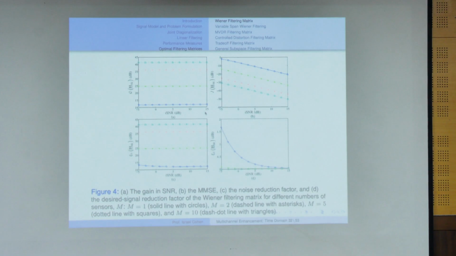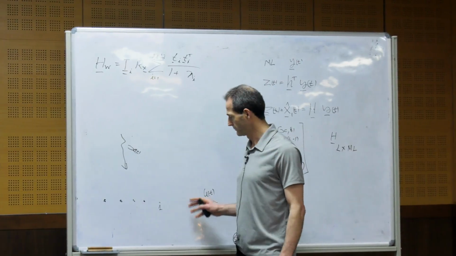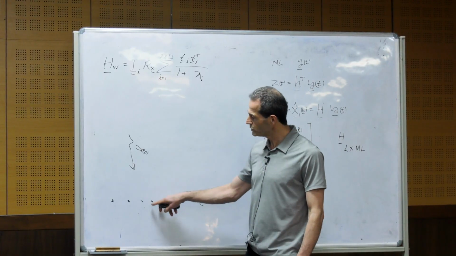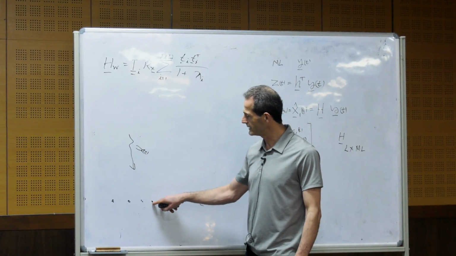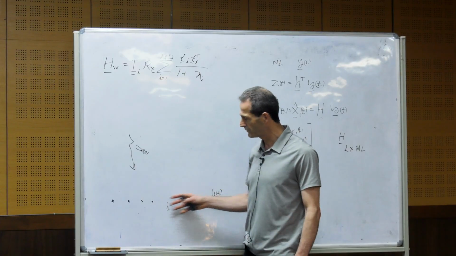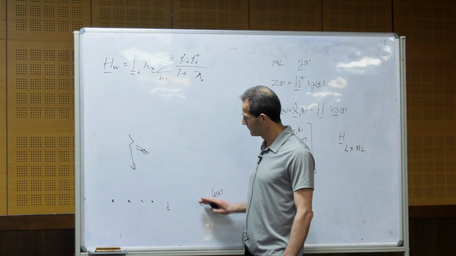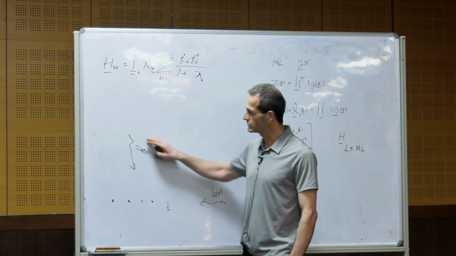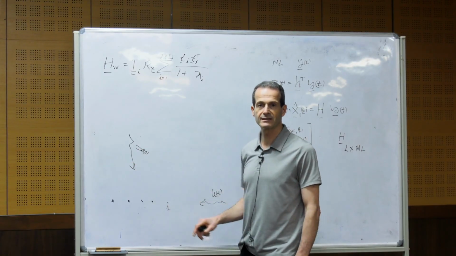But even if we have two sensors, we can reduce interference. Here the interference is the dominating noise. The thermal noise is relatively low. So even with 2 sensors, we can reduce much of the interference based on its direction without distorting much of the desired signal.